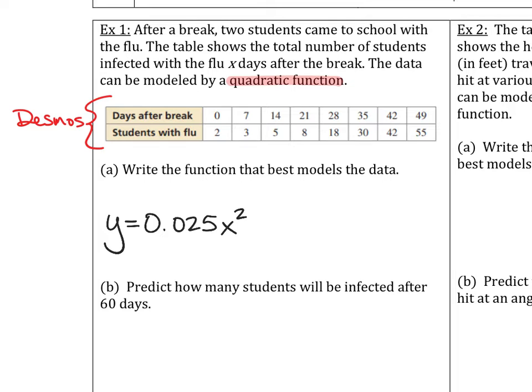X squared, and then minus 0.137 x, and then plus 1.958. Do you see how those numbers, the a, the b, and the c, came exactly from Desmos? I just rounded because they're really long numbers. You could write as many numbers right there as you want. It doesn't say how much to round by.